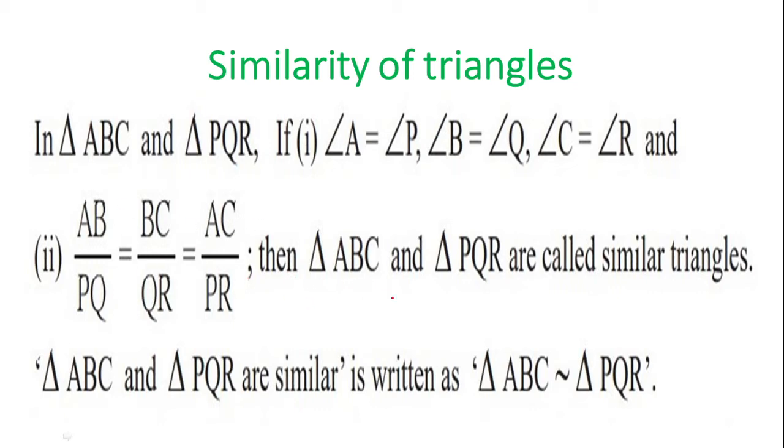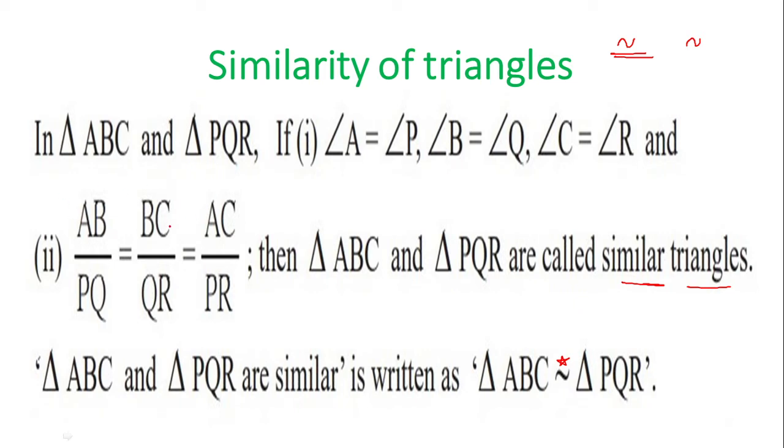Then triangles ABC and PQR are similar triangles, and it is written like this. For congruent we have a sleeping S followed by an equal to sign. But for similarity, what do you have? A sleeping S, just a sleeping S, as shown here. Okay. Angles I have already explained.